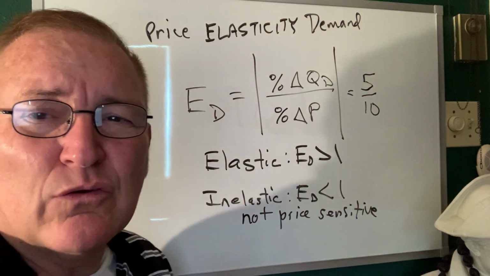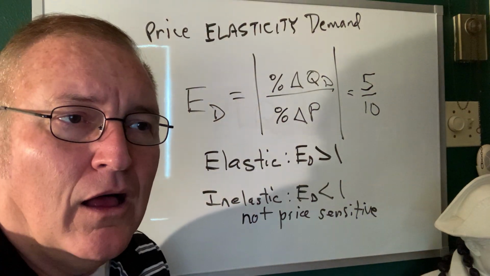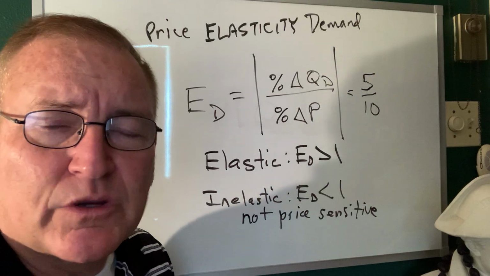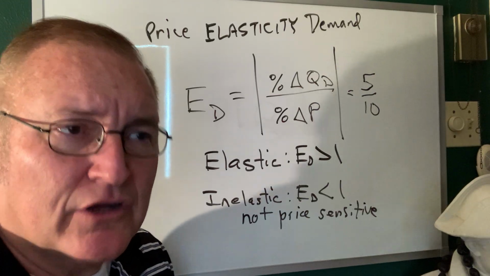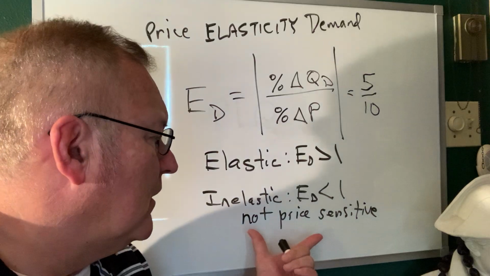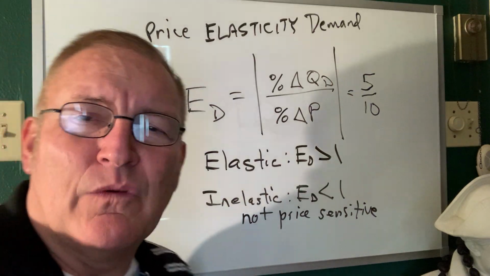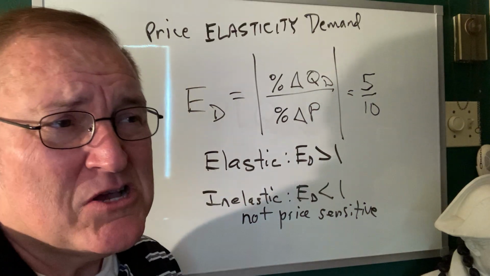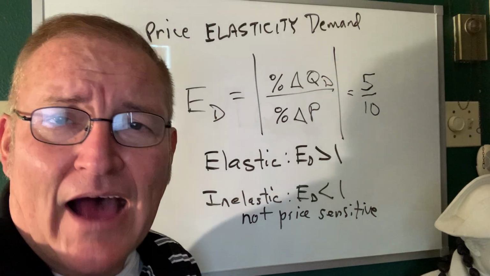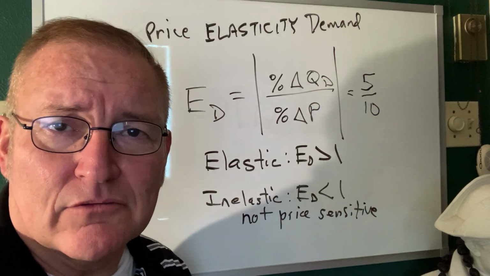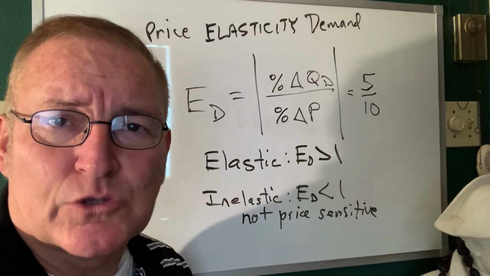So in other words, you don't really care about fluctuations in the price. You're going to go ahead and pay it. This would be indicative of something that is a necessity. For instance, you have to have gas to put in your vehicle to get to work and get to school and things like that.